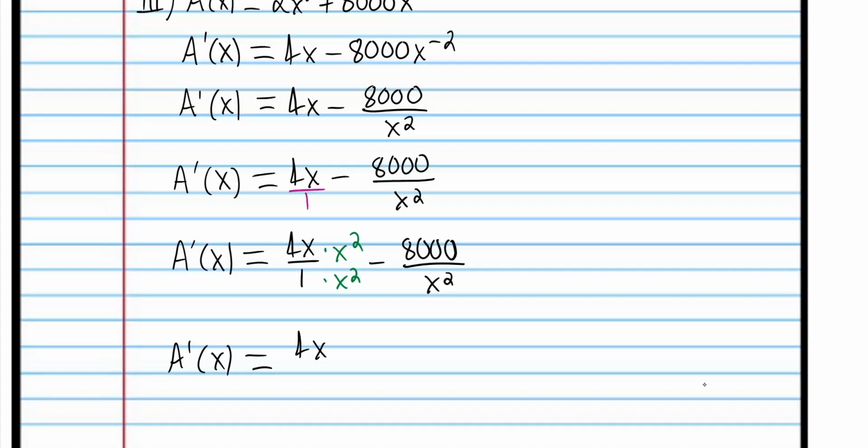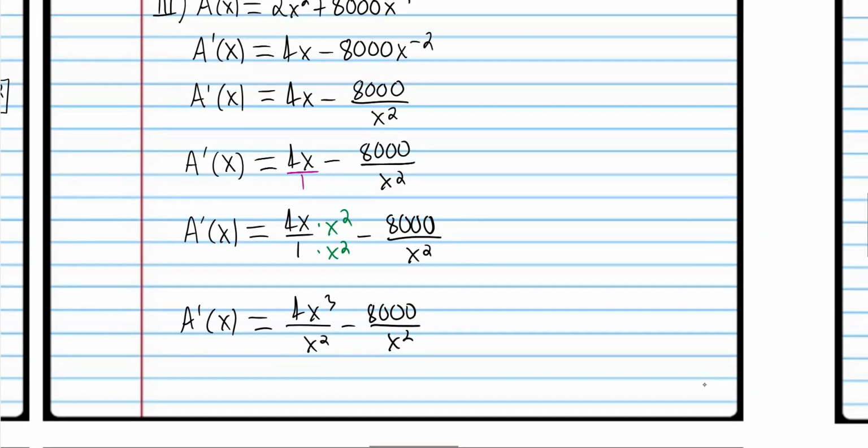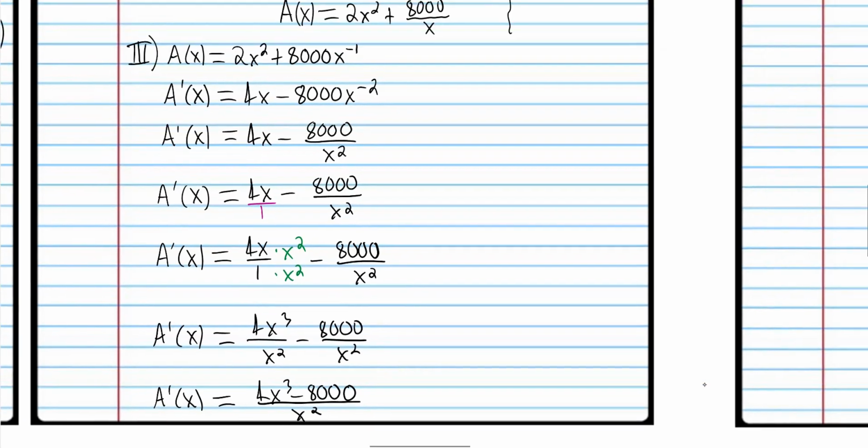So we get 4x cubed over x squared minus 8,000 over x squared. And of course that allows us to combine the terms. So we have 4x cubed minus 8,000 over x squared. Now I'm not going to show this anymore, so I want you to be aware of that. I'm showing that one time.